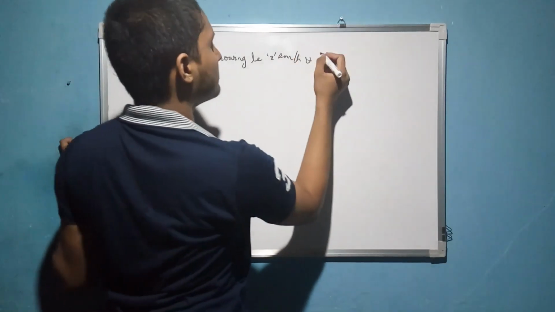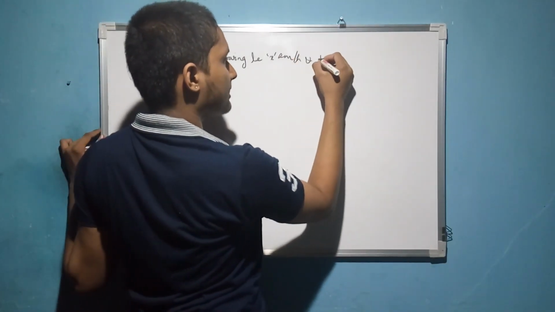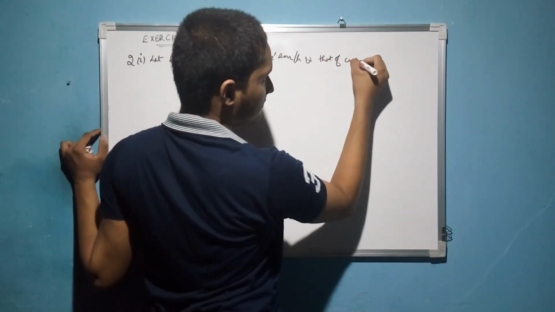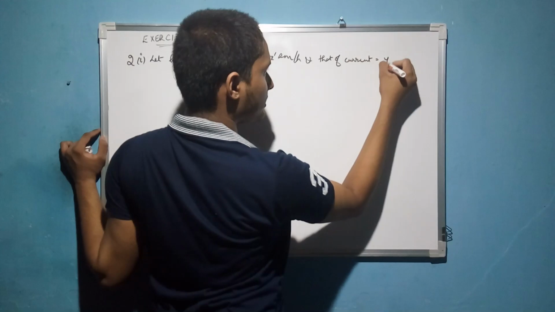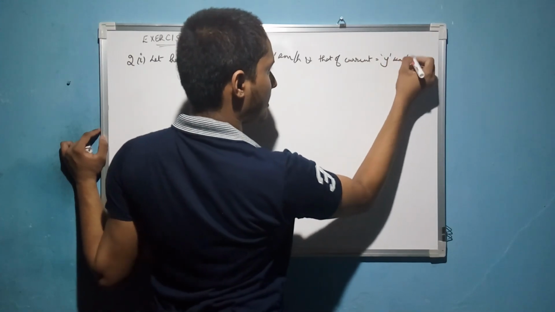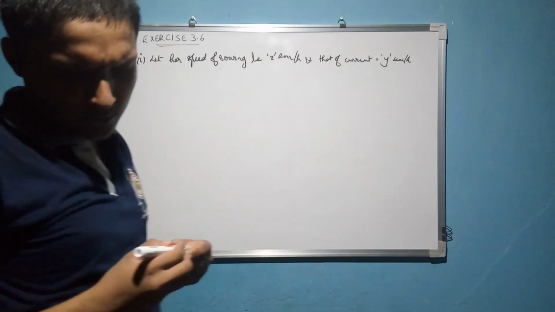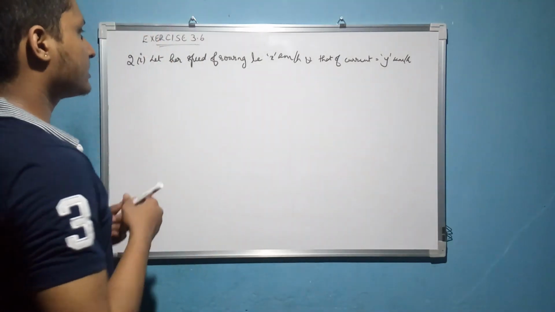And that of the current, that is the speed of the water current, is y kilometers per hour. This much we got. In the first case, it is given that 20 km downstream takes 2 hours.